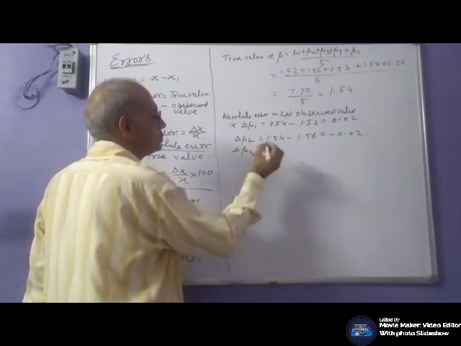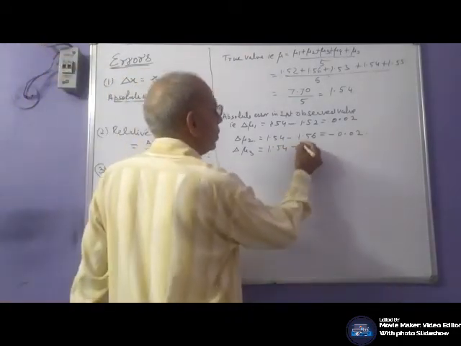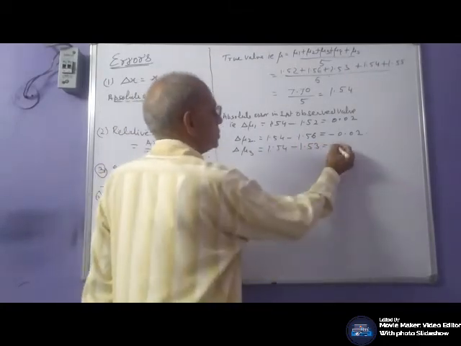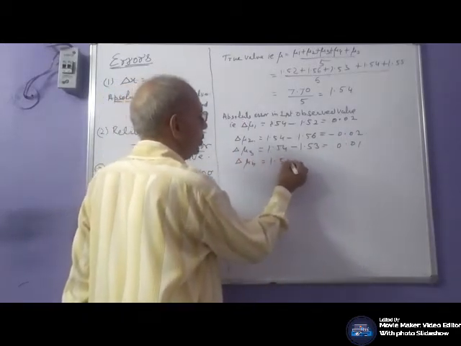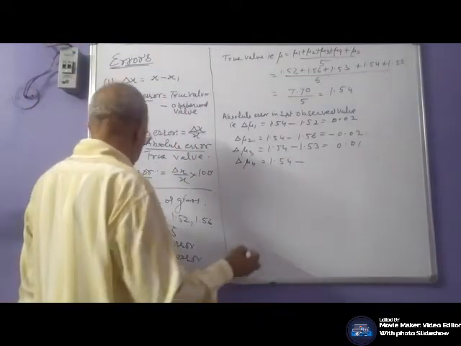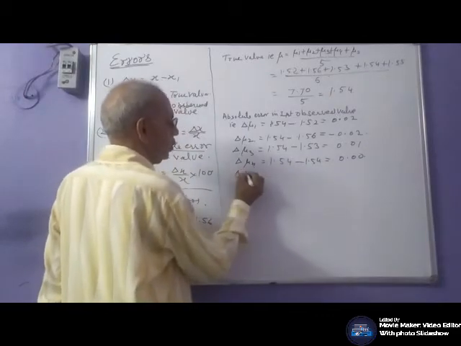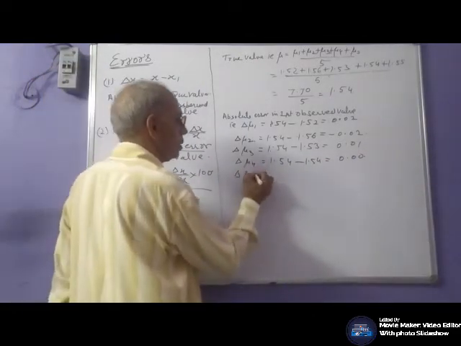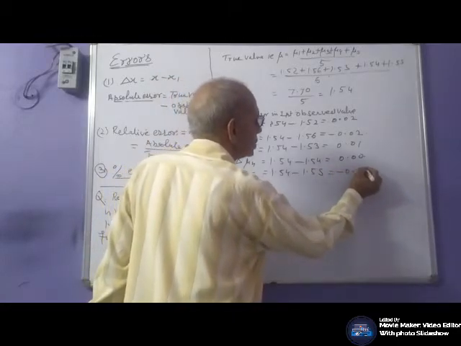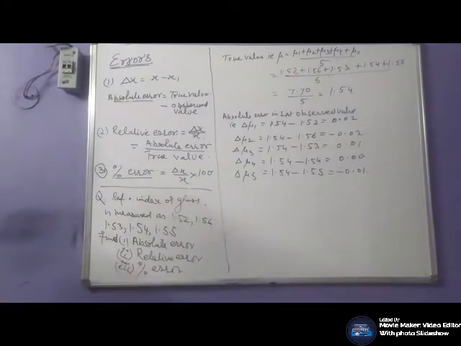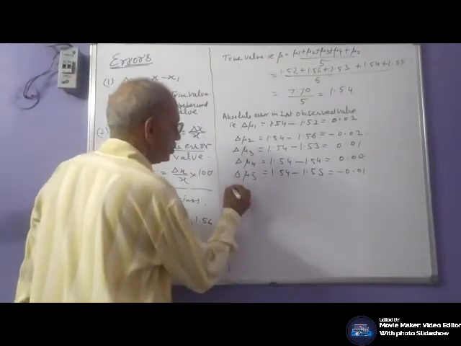Delta mu 3, 1.54 minus 1.53, 0.1. Delta mu 4, 1.54 minus 1.54, it is 0. Delta mu 5, 1.54, 1.55, it is minus 0.01. This is absolute error in first observed value, second observed value, third, fourth. Absolute error.